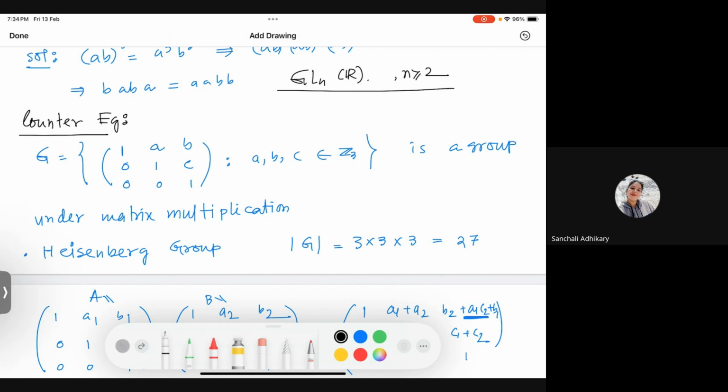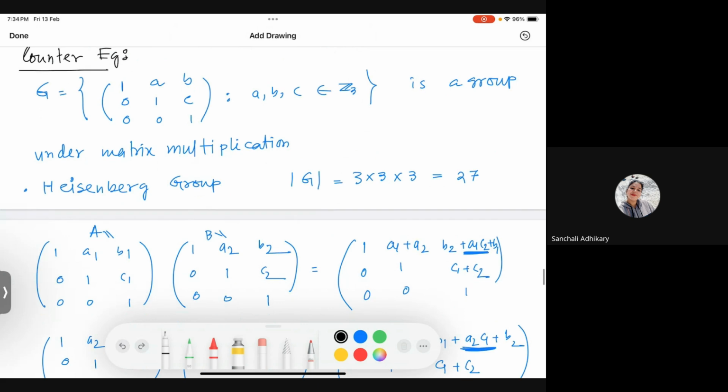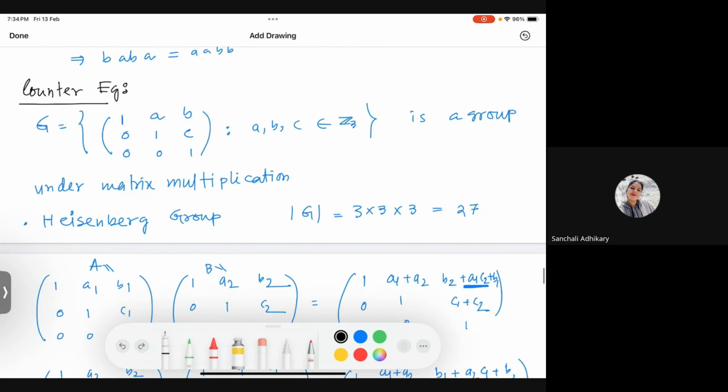Now I am giving you another example of a non-abelian group. This group is called the Heisenberg group. So what is the Heisenberg group? It's a very important example.